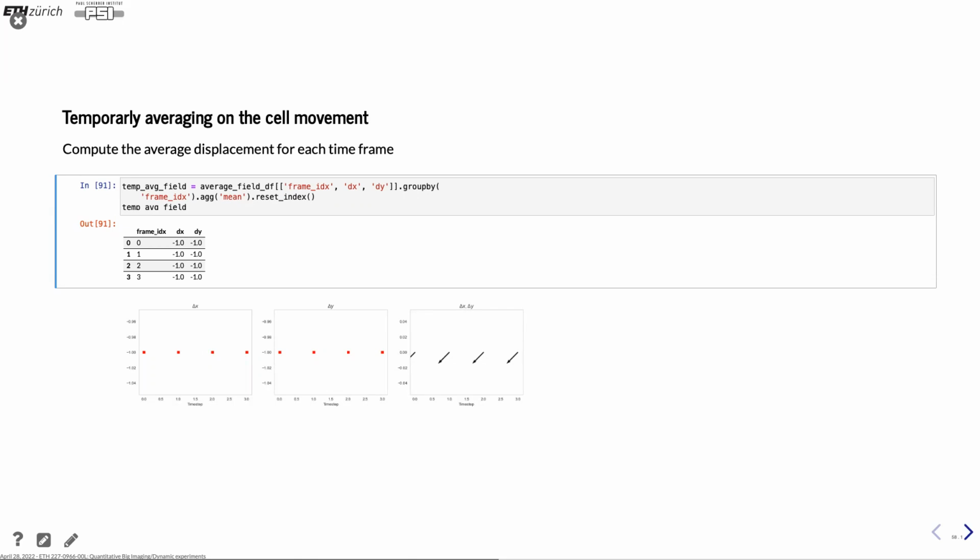Then for the next frame, everybody actually -1, -1, because that was the motion we had. The average is plotted like this. If we plot them as a vector field, you can see that every time step has a diagonal -1 displacement.